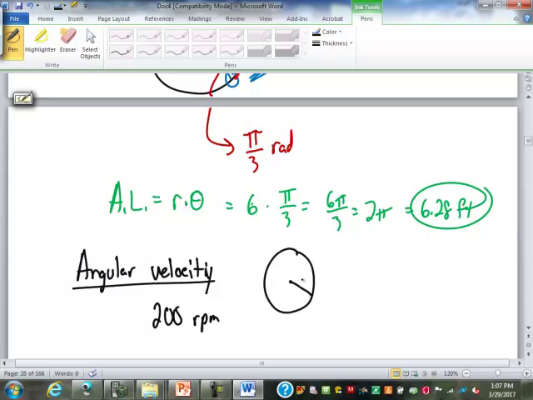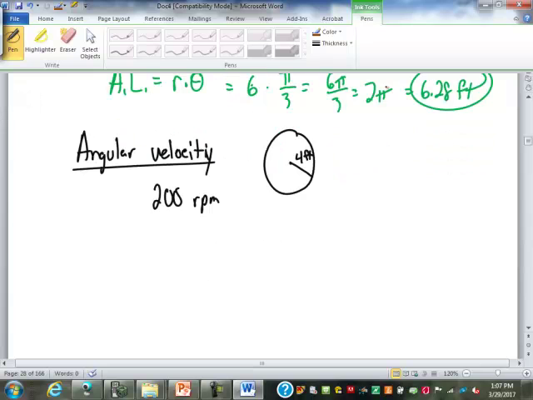Again, we've got a radius here of, oh, let's go with 4 feet. Well, 200 RPM, remember, is revolutions per minute, right? So I can write that as revolutions over 1 minute. Whenever I have a rate, it can be written out as a fraction like that.